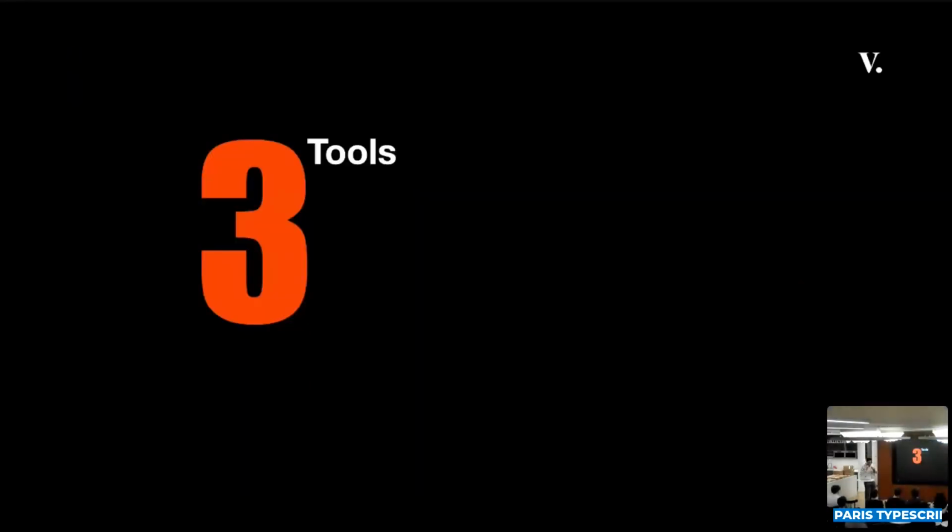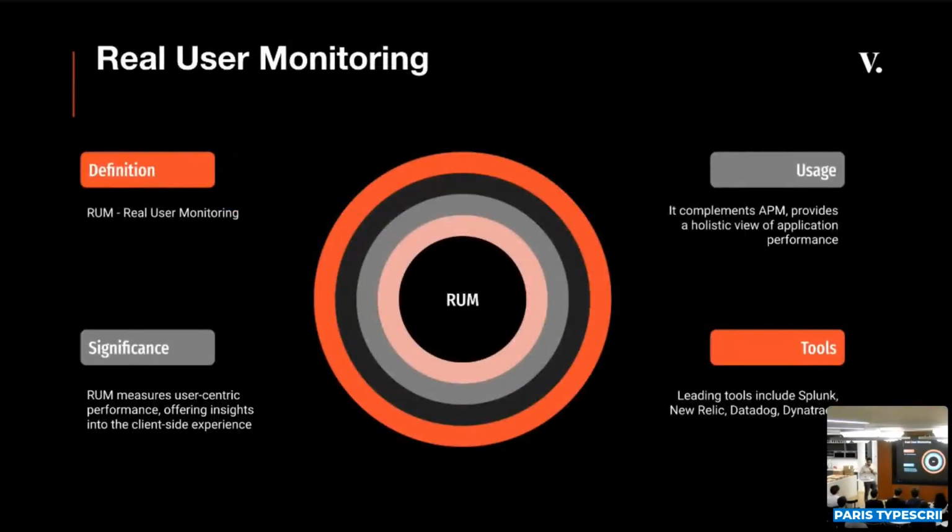So let's talk about some tools, all right? We'll talk about the first one, which is RUM. Besides being a tasty alcoholic beverage, it's also what's called real user monitoring, right? And its significance here is that it's very user-centric, right? It allows us to measure what is happening on the client side of our application, right?